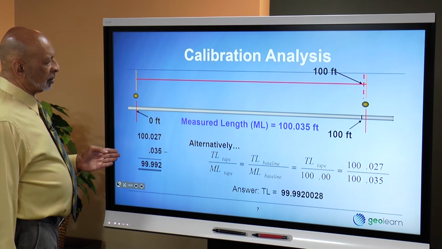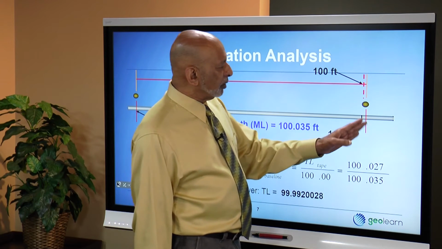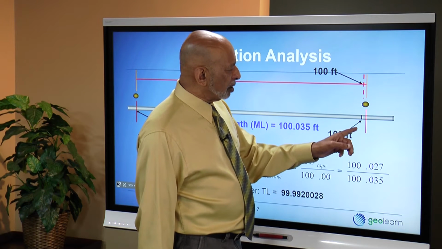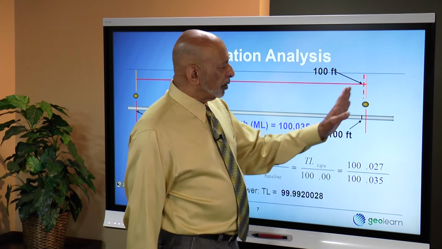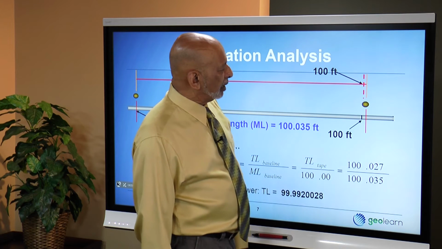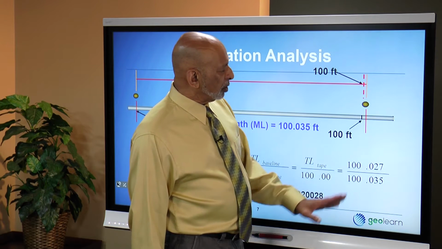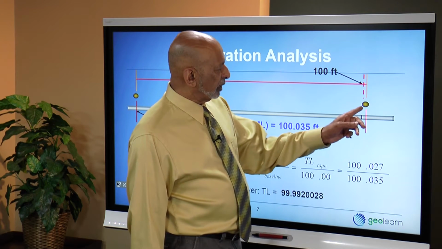Remember that we measured 100.035. So what that means is if we laid the tape out, the 100 mark would actually fall before the far calibration mark. And there would be a little bit longer to the actual point.